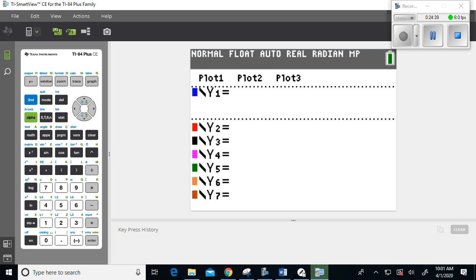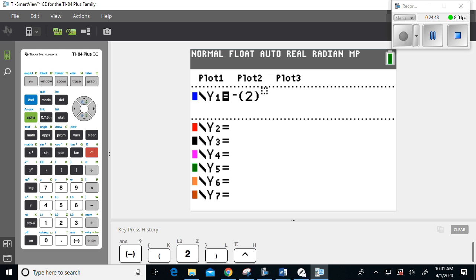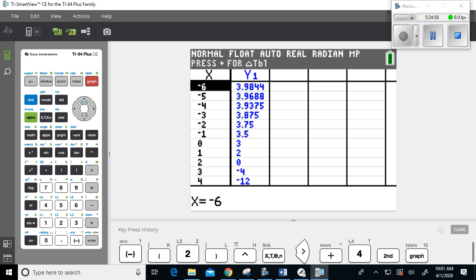So we have negative, parentheses, use the negative symbol, don't use the minus sign. 2, close parentheses, raised to the x power plus 4. Hit second, hit graph.